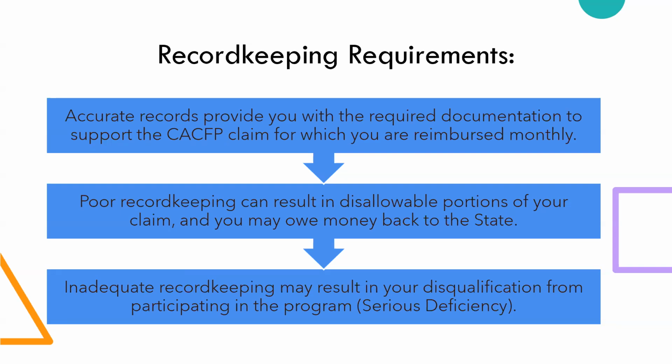Poor record keeping can result in portions of your claim being disallowed. It can result in your claims being disallowed, and you may owe money back to the state. Inadequate record keeping may result in your disqualification from participating in the program, such as a serious deficiency.